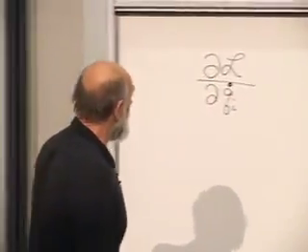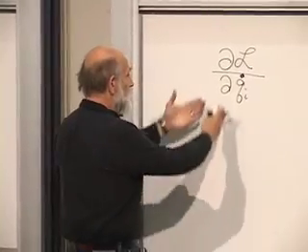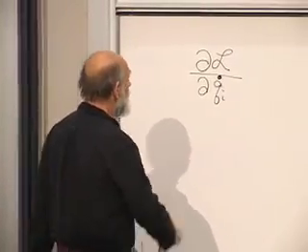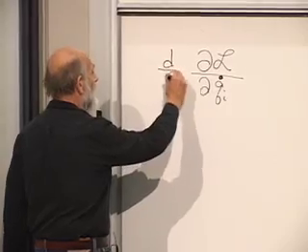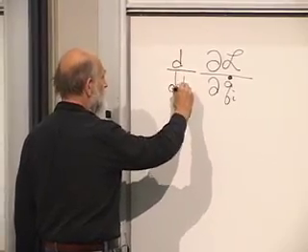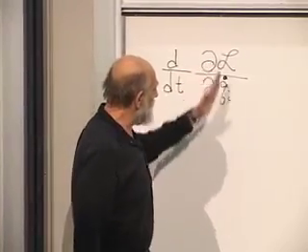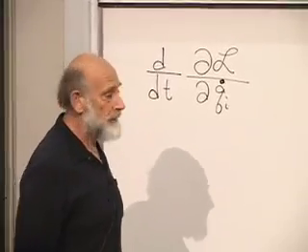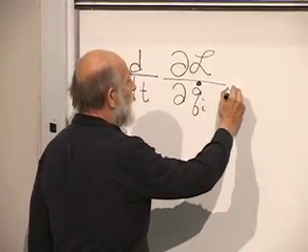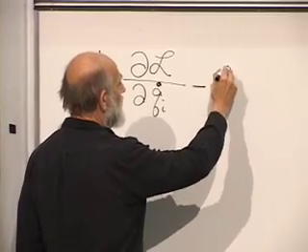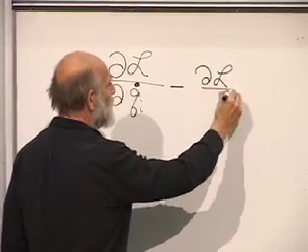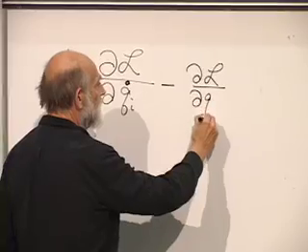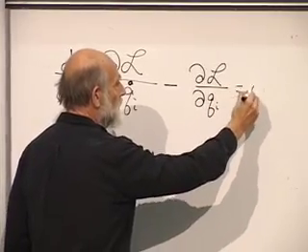P sub I is m sub I q sub I dot. We differentiate that with respect to time along the trajectory, minus the derivative of the Lagrangian with respect to q sub I. And that's equal to 0.